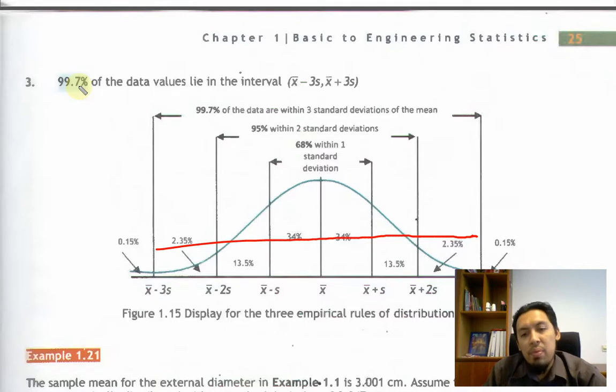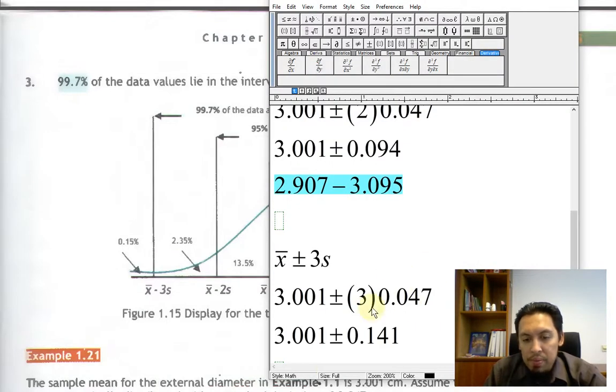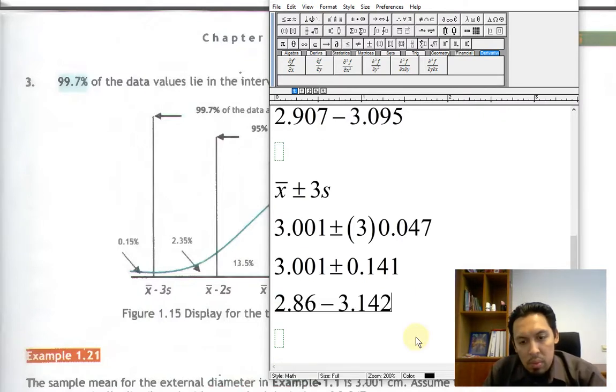So if we look at 3 standard deviation, for our previous example, we can say that 99.7% of our data are having this value.